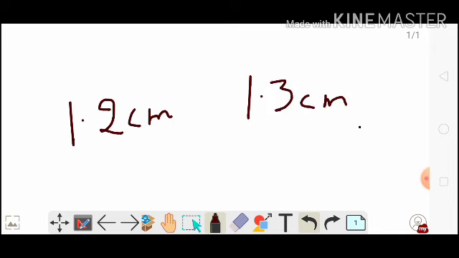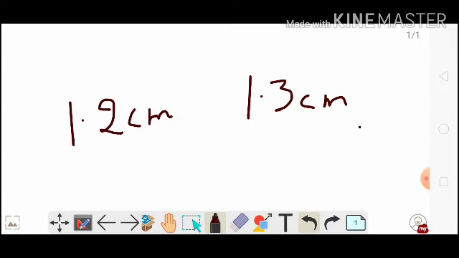You cannot take the length as 1.2 centimeter because it is coming more than 1.2 centimeter, and you cannot write 1.3 centimeter because it is coming less than 1.3 centimeter. So you cannot use your regular scale to measure that kind of length.